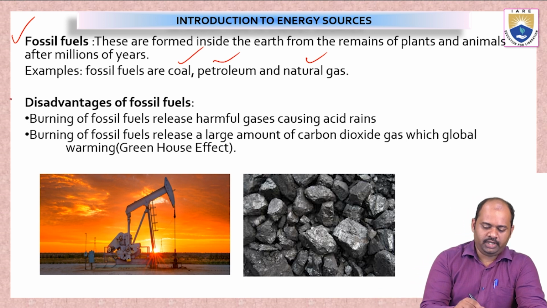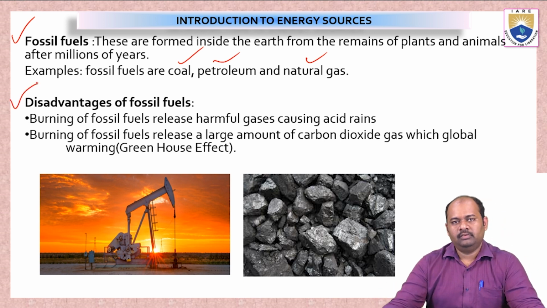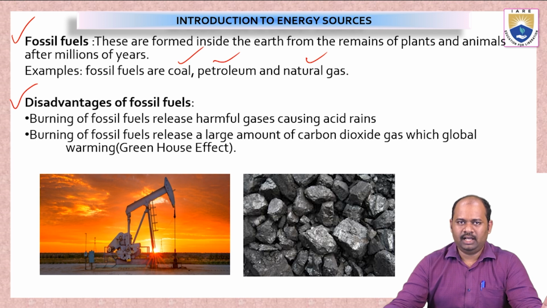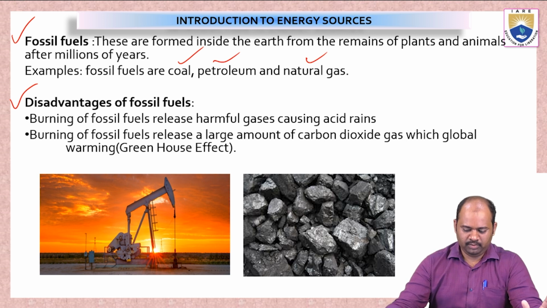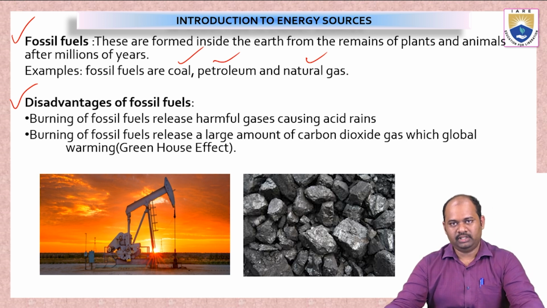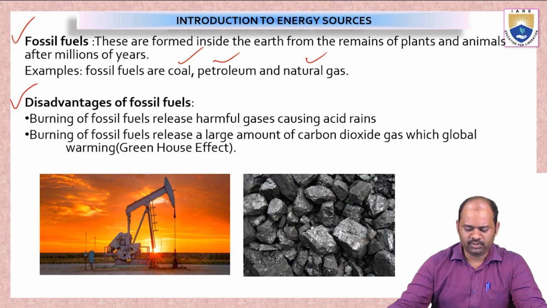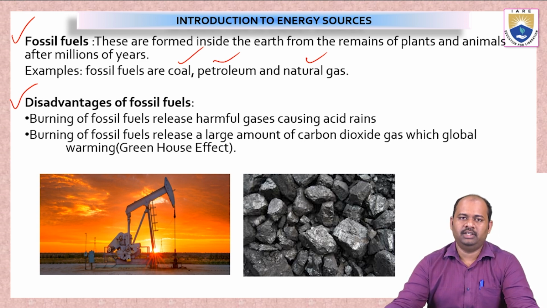Some disadvantages of fossil fuels are: the first disadvantage is they are being exhausted. Once we use them, we cannot renew them. The second important disadvantage of fossil fuels is they produce very harmful gases into the atmosphere, because all fossil fuels are a combination of carbon. In any form, they will contain carbon.